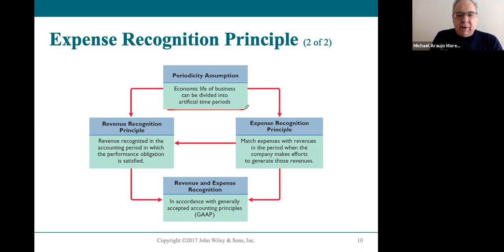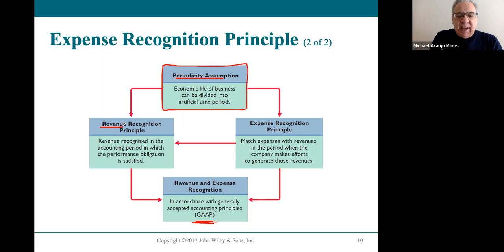So look how much of GAAP you've learned already today. Everything that we're doing is based on that periodicity assumption. The periods of time are monthly, quarterly, and yearly, and it affects basically the income statement the most, because the income statement is reported out monthly, quarterly, and yearly.